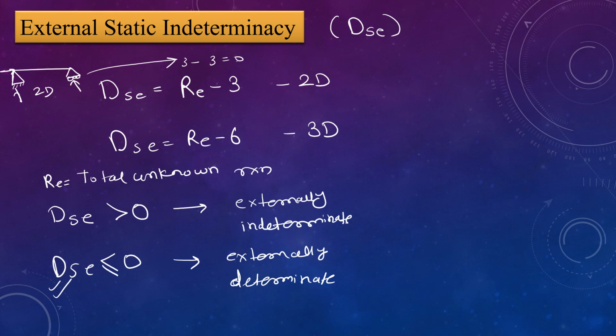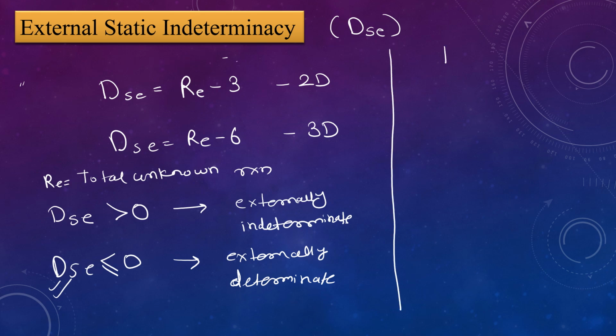Then next, there are some special conditions in case of external determinacy. The first case is if there is any fixed beam acted on by a point load, and because of that point load only vertical reactions act on this beam, so there is no horizontal reaction.